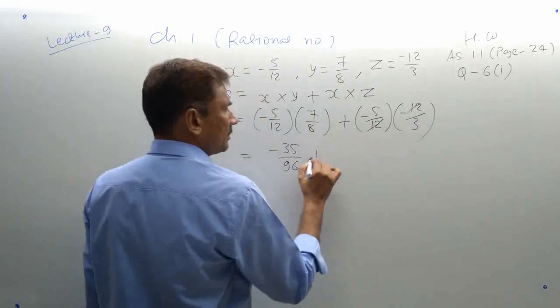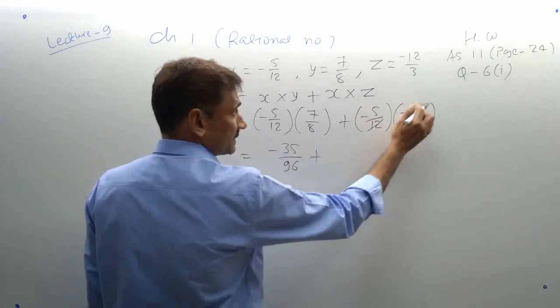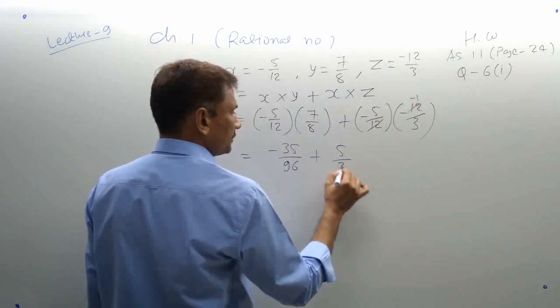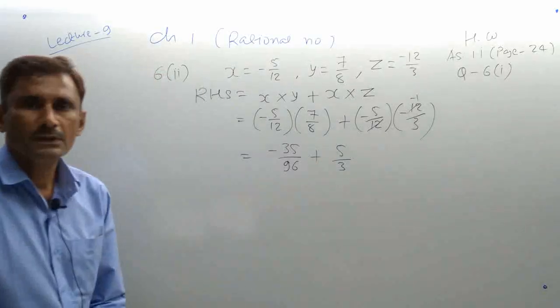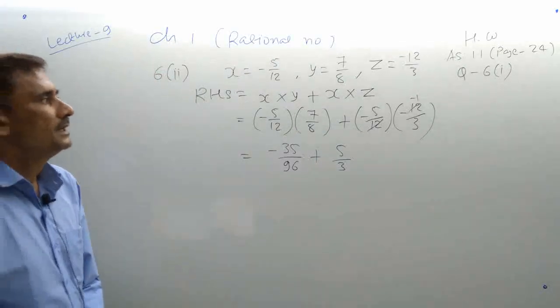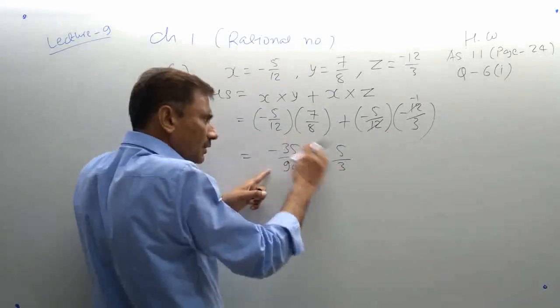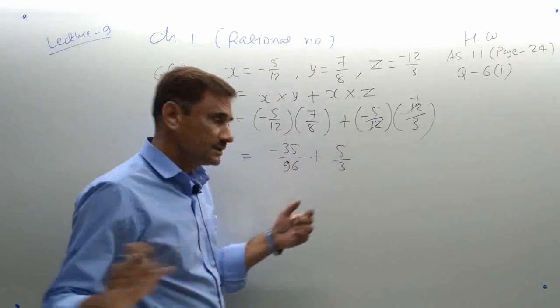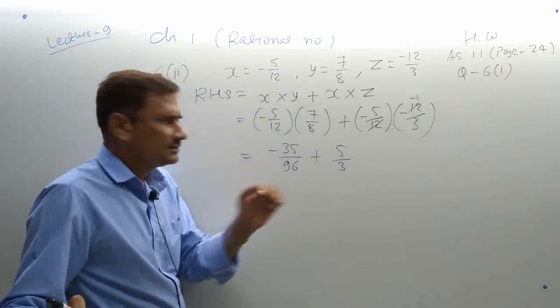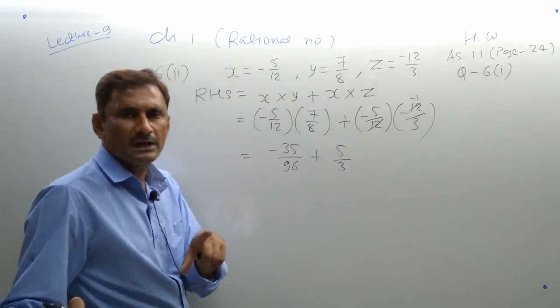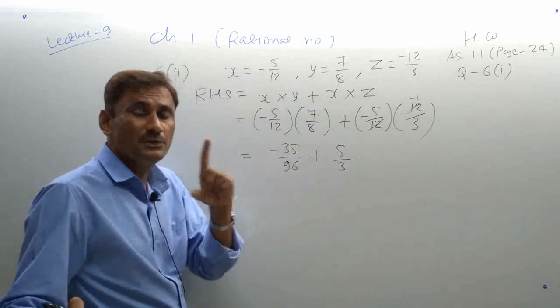So how much is left? Negative negative is positive. First of all minus 1 is there. The minus 5 into minus 1, 5 upon 3. Now again, don't take cross multiplication here. Instead, you can take the LCM. They are not co-prime numbers. So why do cross multiplication? You will get the answer, but a few more sums will be there.